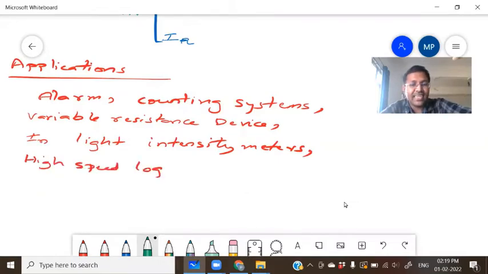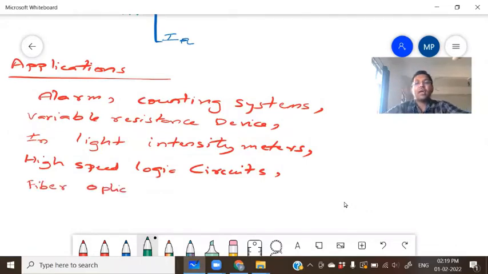And for switching, you give light and the device starts to conduct. So it is a light operated switch, and the switching happens at high speed, so it is useful in high speed logic circuits. Also, in fiber optic communication, the data is transferred in the form of light.